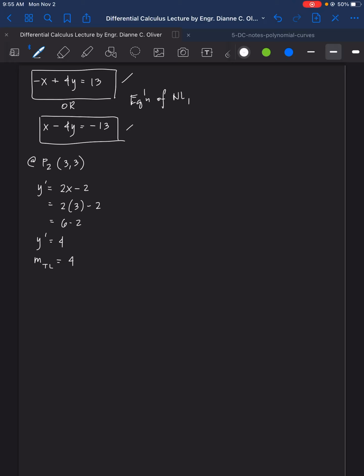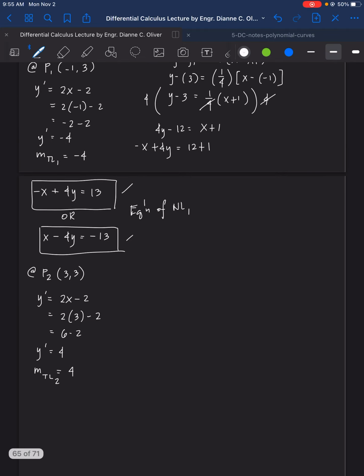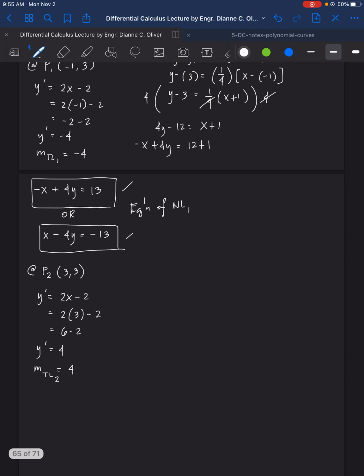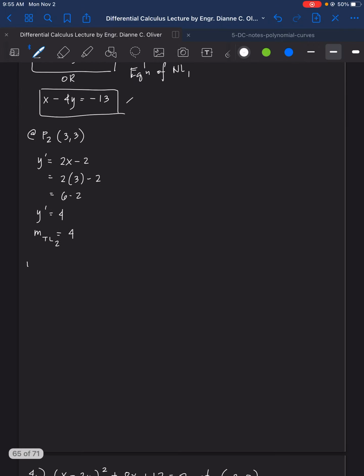If you observe, the slope for tangent line 2 is different from the slope of tangent line 1. Tangent line 1 has a slope of negative 4, and tangent line 2 has a slope of 4. Using that slope, we now have y minus y2 equals m2 times x minus x2. Y2 is 3, m2 is 4, x minus 3.